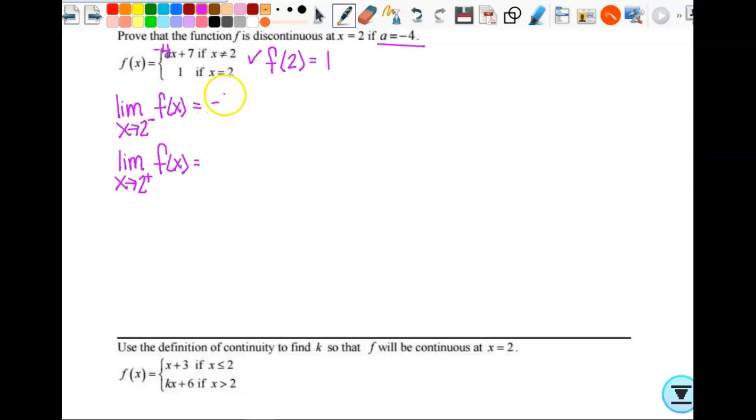So I'm going to get negative 4 times 2 plus 7. What's that going to give me? Negative 1. When I do it from the right, that's still going to be negative 4 times 2 plus 7, right? Because isn't this just a line with a hole in it? And that gives you negative 1. So the limit exists. The limit as x approaches 2 in general is equal to negative 1.